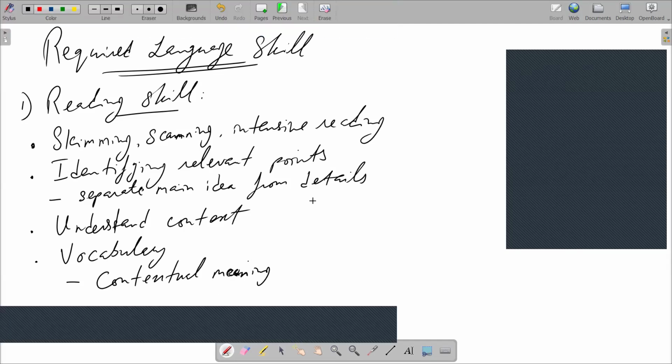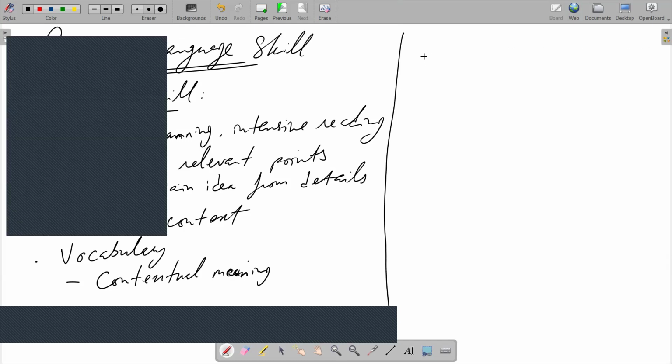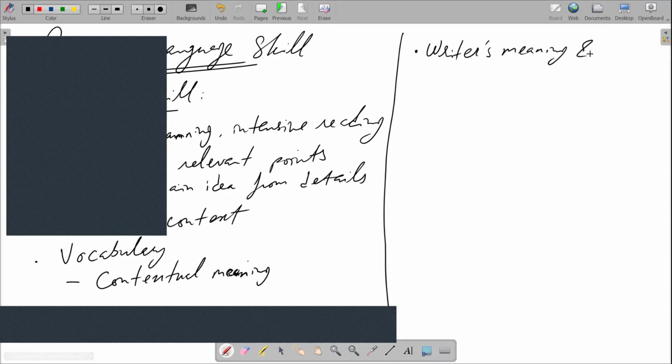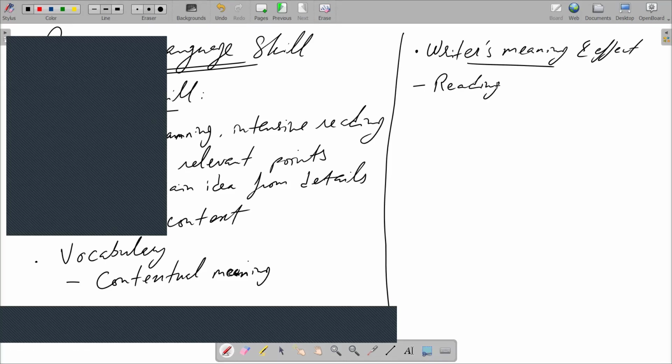What else do we have? For the questions that require you to deal with writer's meaning and effect, so how writers convey meaning and achieve effect or writer's intent, you need to develop a skill of reading between the lines.